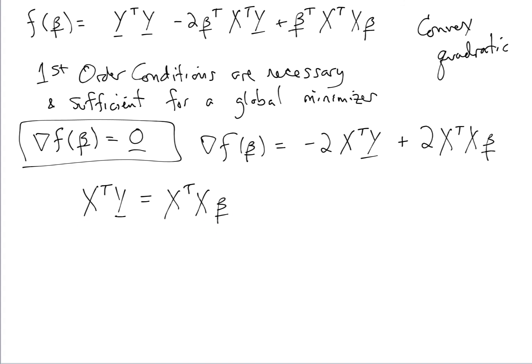We thus have our first order condition being X transpose Y equals X transpose X times beta.